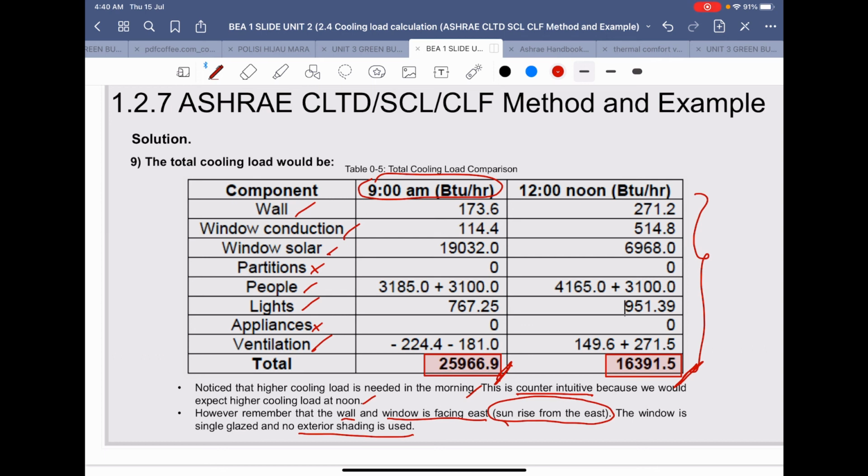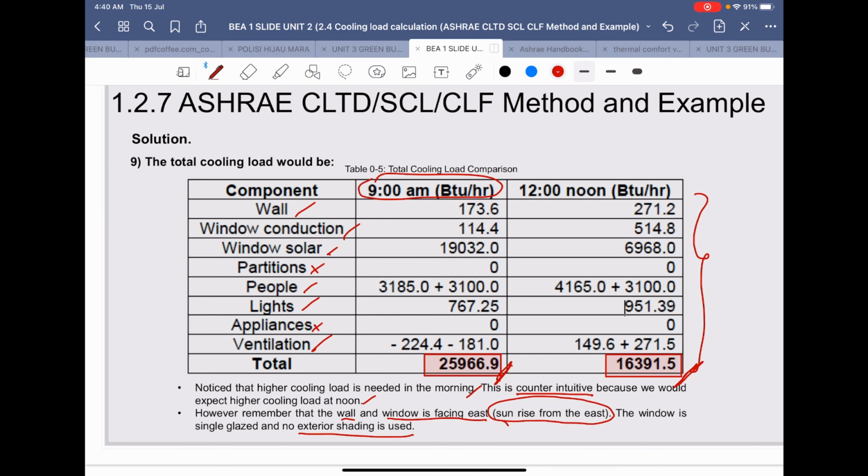The greater the heat capacity of the wall, the more heat it will store, and then it will release it slowly, so we can see that not just instantaneous heat transfer happens, but there is also a thermal lag effect. This is a parameter that we need to study in order to get the exact cooling load.